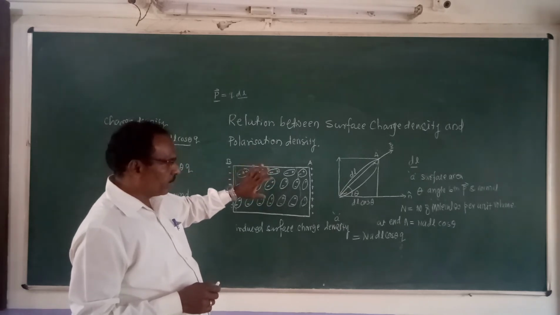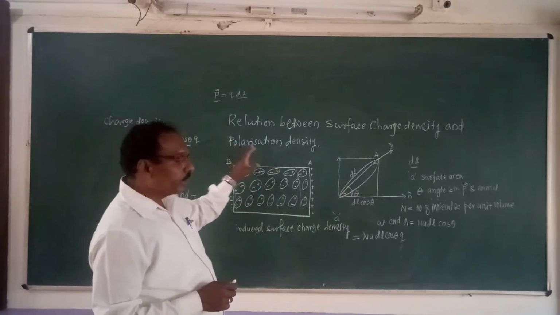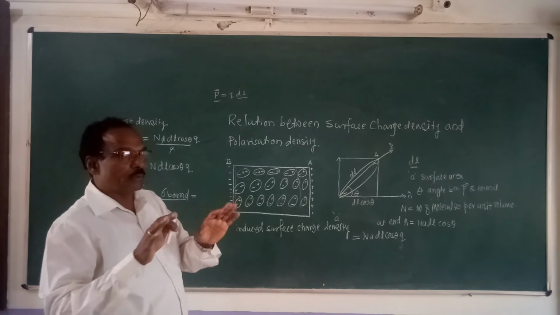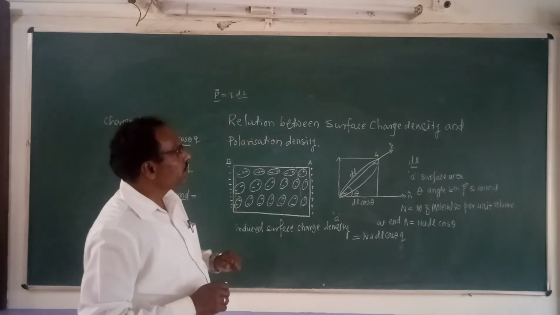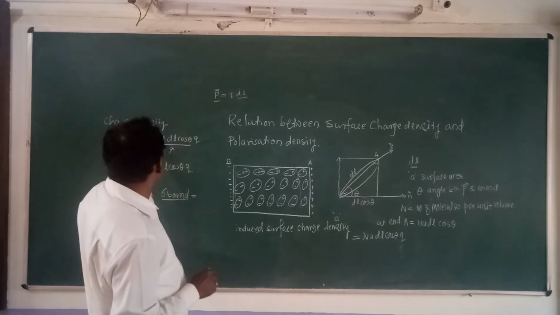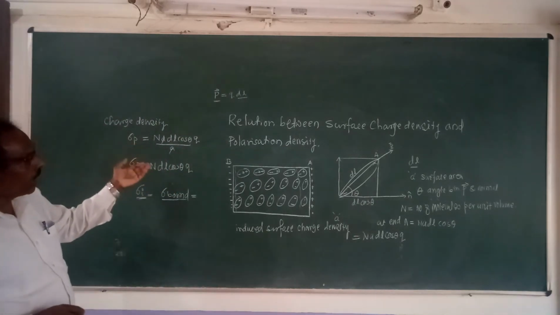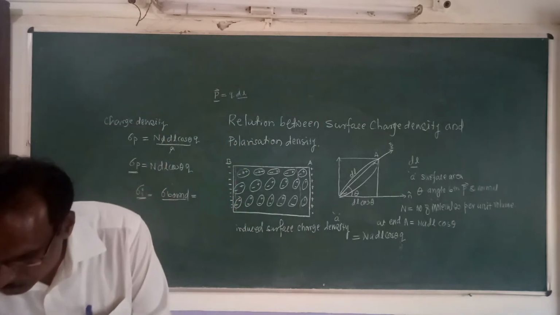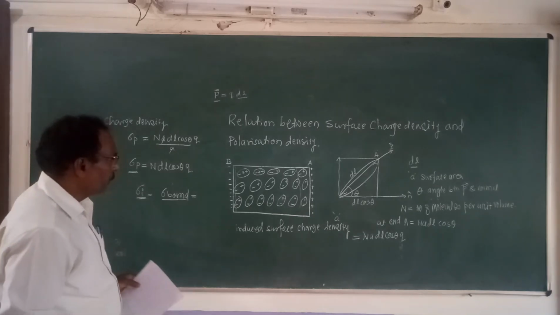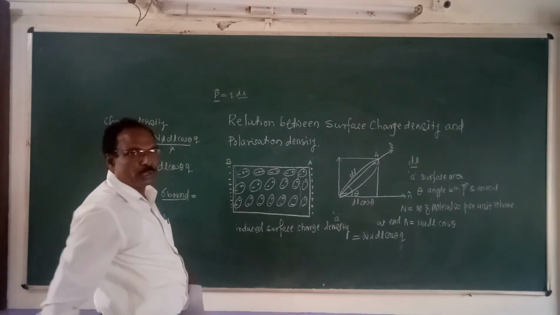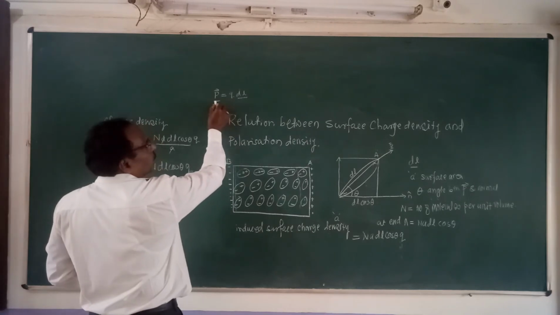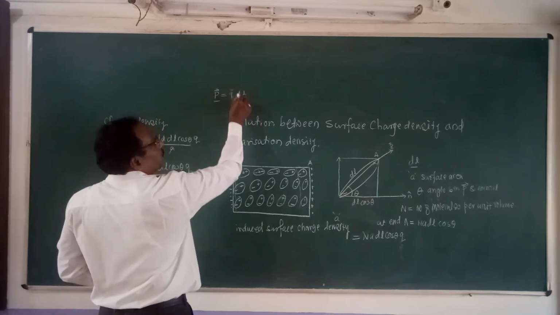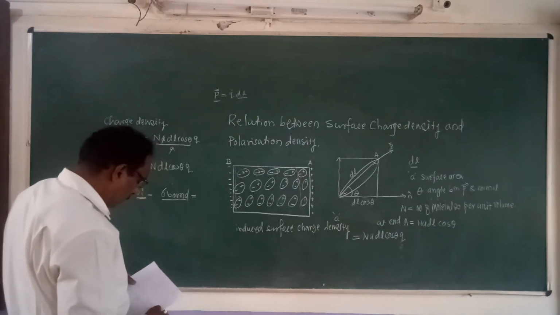We are using a dielectric material, maybe polar or non-polar, in an electric field, and we are establishing a relation between the surface charge density, denoted by sigma p, and the polarization density vector P. We know P is equal to Q into dl, the dipole moment or polarization density vector, the product of charge and the distance between them.